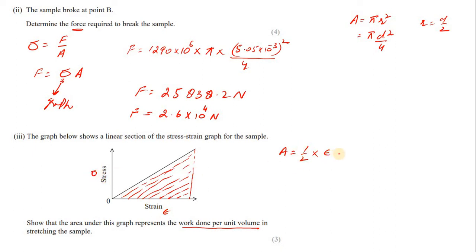So half of epsilon into height, which is stress. Now this epsilon is change in length delta L upon L. Change in length per unit length into stress, force per unit area.